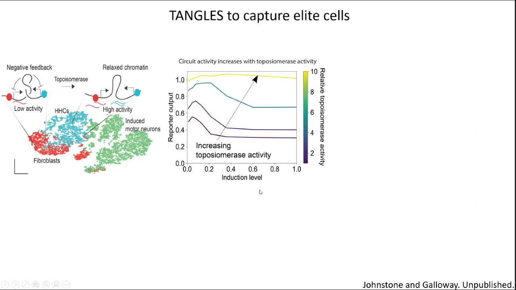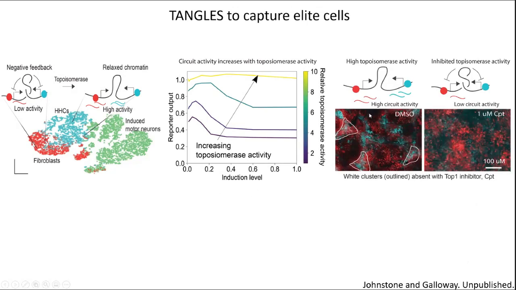That's what we predict. And we have some preliminary results that show that these populations where you have high expression of both parts of your circuit only exist in the case where you're not inhibiting these topoisomerases with camptothecin, specifically Top1, and we did not observe these results when we inhibited Top2A via doxorubicin.